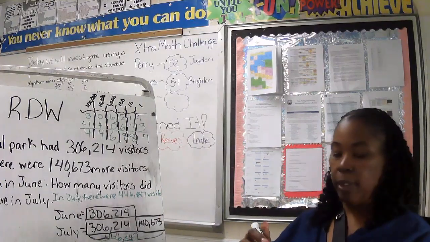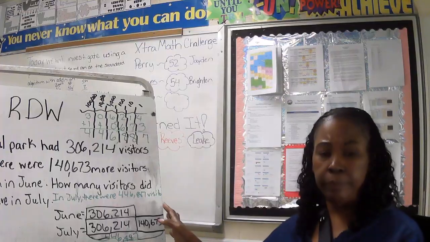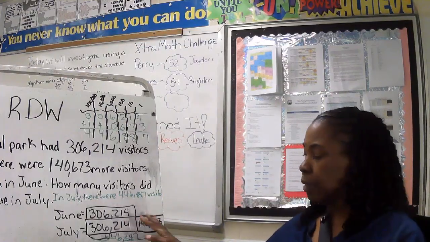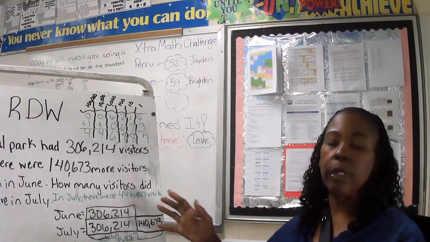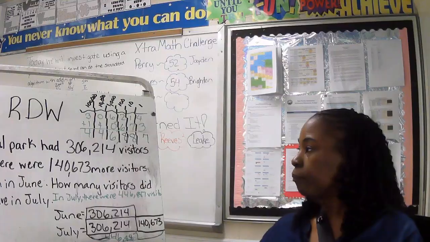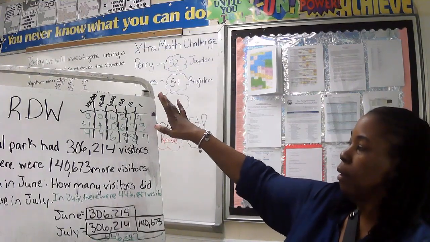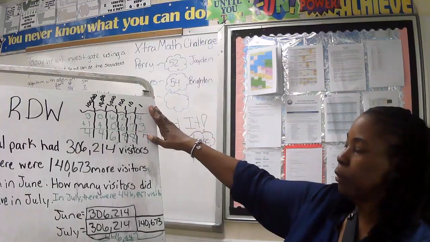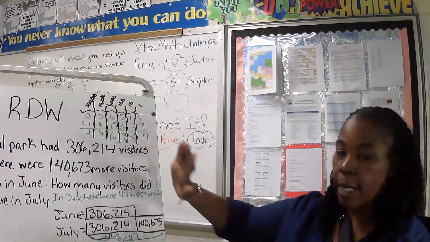Okay, so this is what I expect to see. They have to label it, so this is considered their tape diagram. In other words, when they label it, they're showing what they're looking for, and we're looking for the total of just July. And they also have to show me when they do the adding of the numbers, they have to put it in the place value chart, not just writing it out.